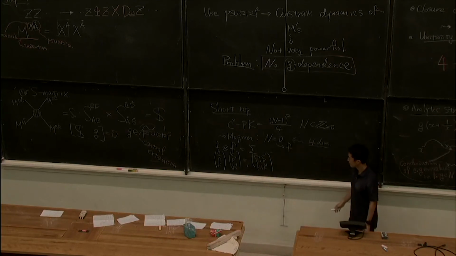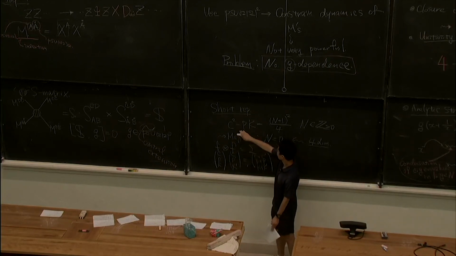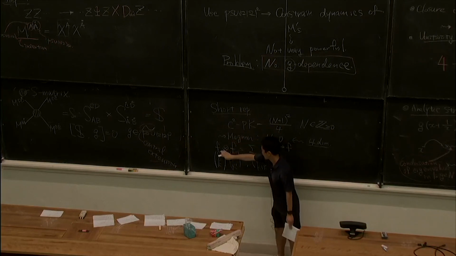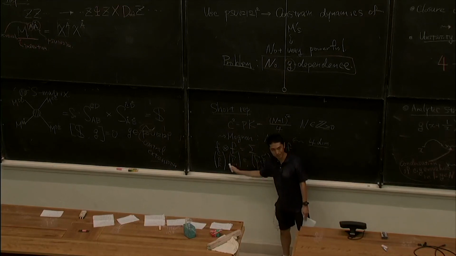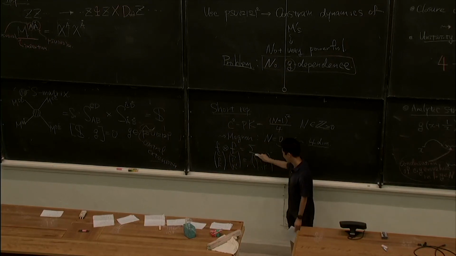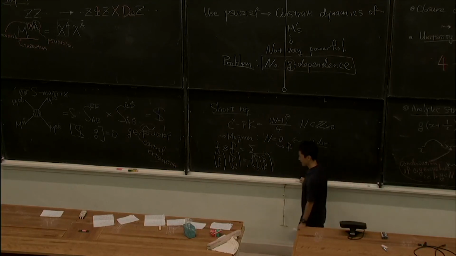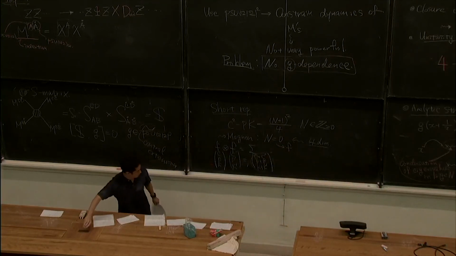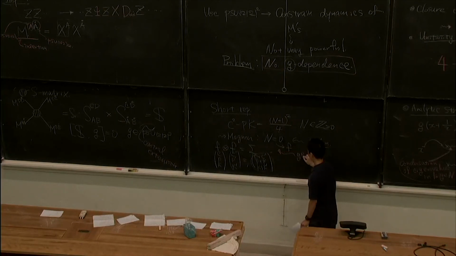But what's important is that even if this representation and this representation satisfy the shortening condition, generically, if you just sum these two, then the resulting representation doesn't satisfy the shortening condition at all. So this means that the one which appears on the right-hand side is a generic representation, or long representation.